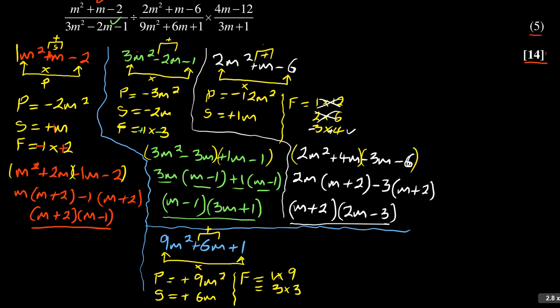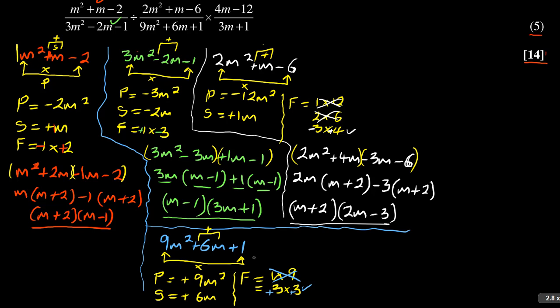For example, in this one, when we multiply, we must get a 9 in which both sides is satisfied. All of them must be positive, but the decider is the sum. It says the sum must be 6. As you can see, we cannot add 1 and 9 to get a 6, but we can add 3 plus 3 to get a 6. Remember, the sum is positive, meaning both must be positive.